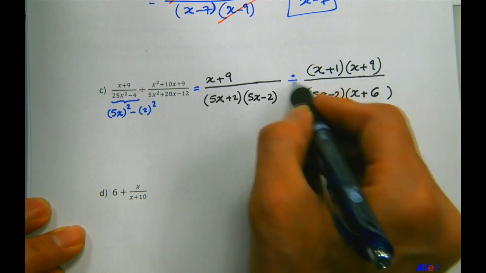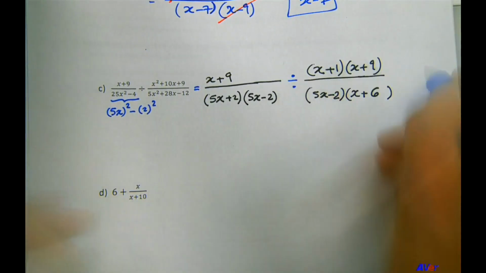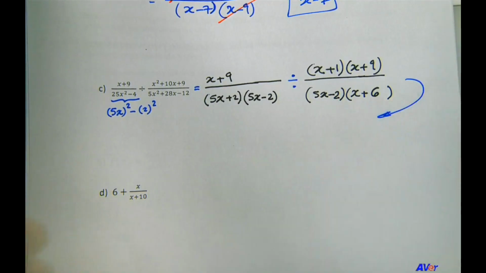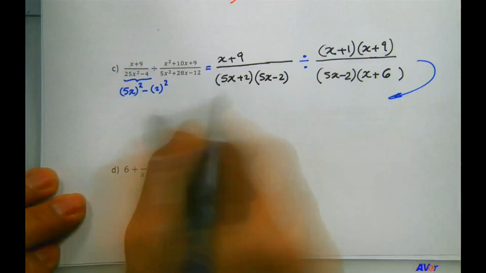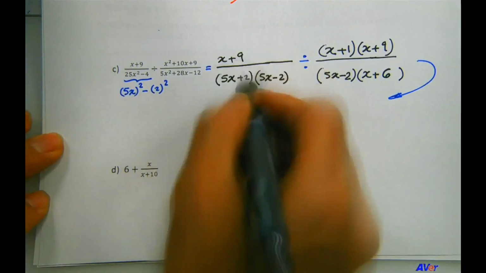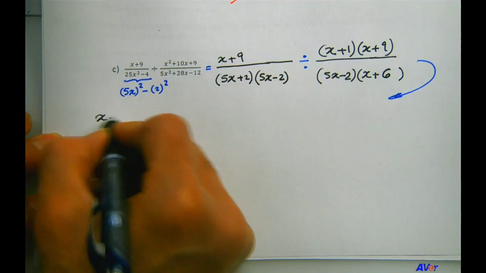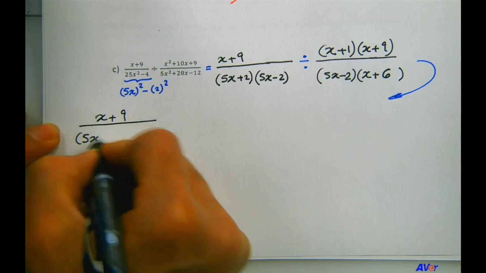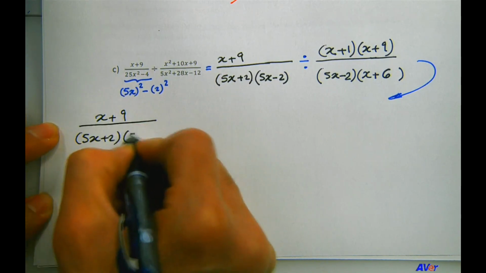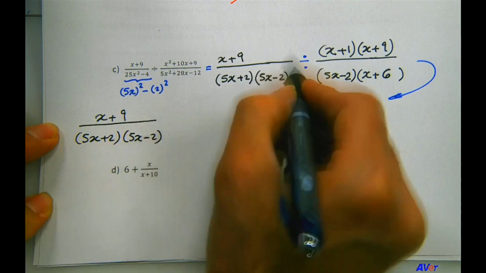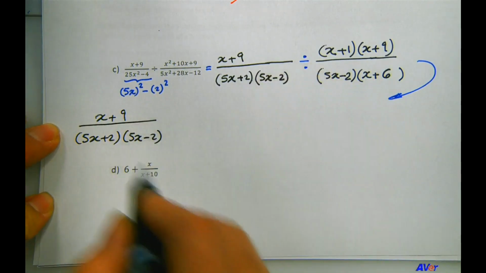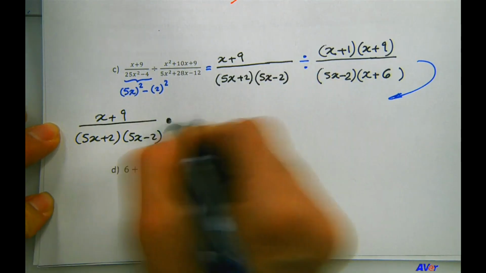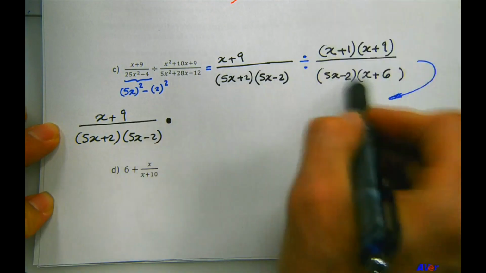We know what to do with division, right? This is how to handle that. Let's write the first fraction down. So x plus 9 divided by (5x plus 2) times (5x minus 2). Change the division to multiplication, then flip the second fraction.